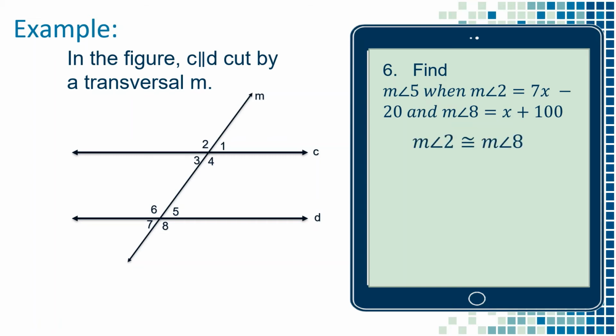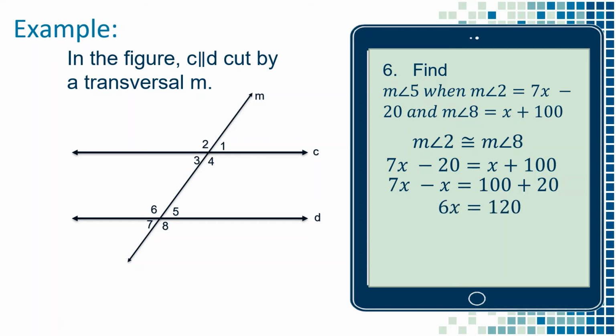So we have our equation, measure of angle 2 is congruent to angle 8. Substituting the values, we have 7x minus 20 equals x plus 100. So, combine similar terms. Combine natin yung 7x and x and combine 100 and 20. So, we have 6x is equal to 120.